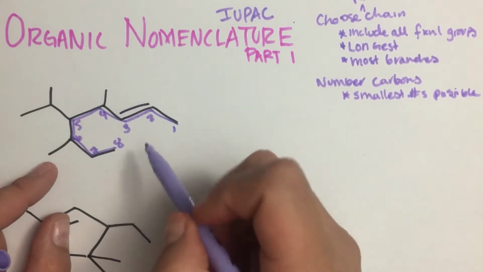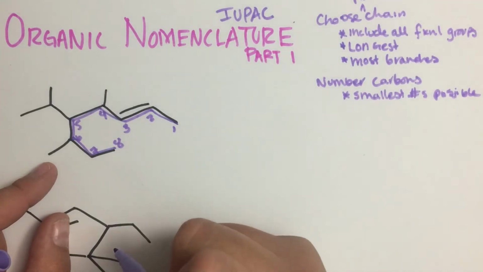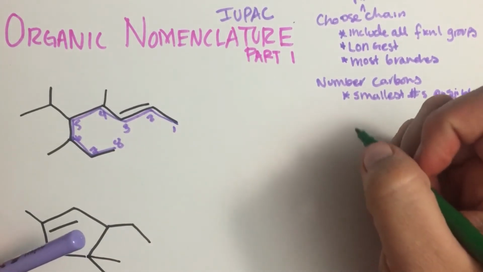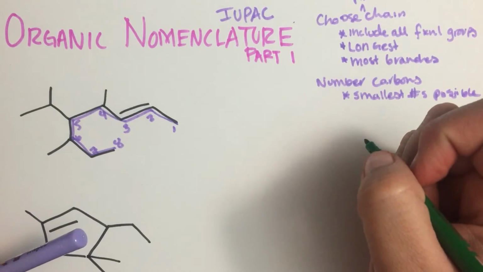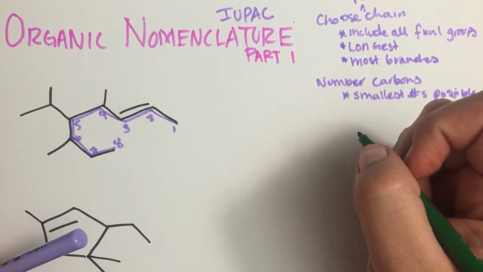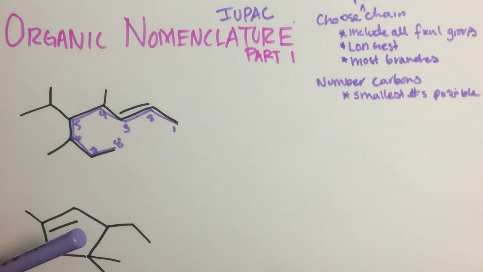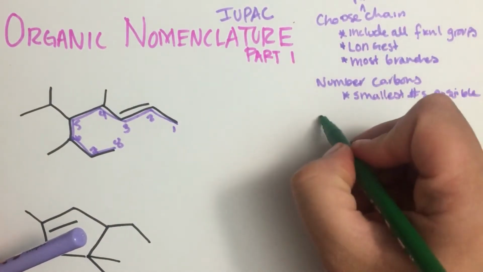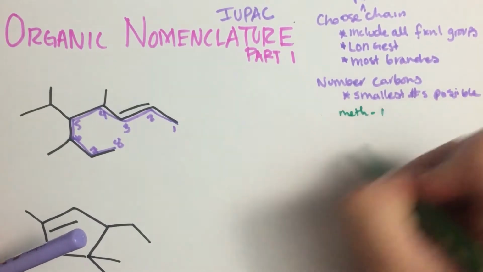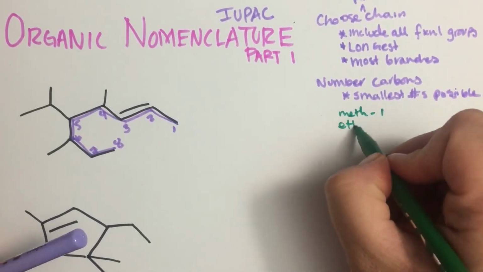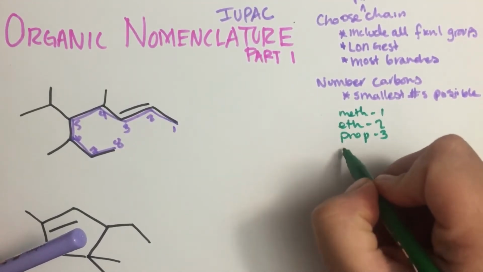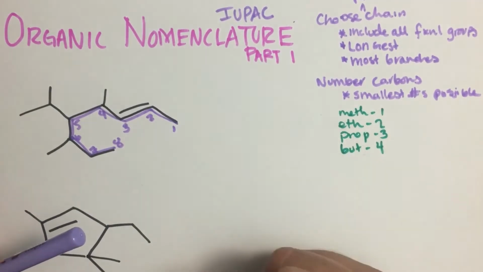Okay, so now that we have our parent chain numbered, we're going to start on naming our substituents. Now, for naming substituents in the parent chain, we're going to be using prefixes: meth, eth, prop, but, pent, etc. You can look that up online if you'd like. Okay, so for now, we're going to talk about meth being for 1, eth being for 2 carbons, prop for 3 carbons, but for 4 carbons.